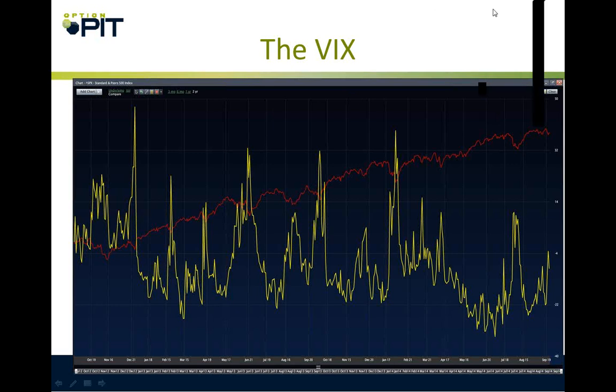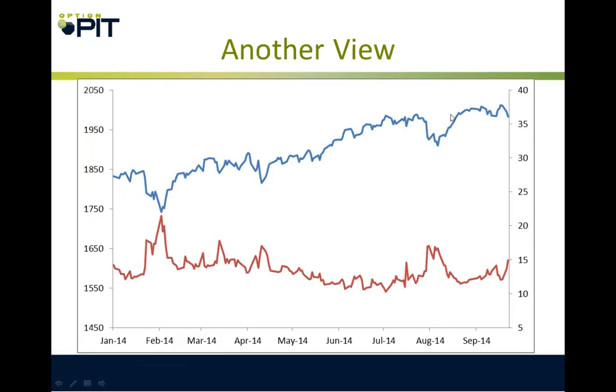All right. So here's another view. The blue line is the S&P. The red line is VIX. On the left is the S&P prices. On the right is VIX prices.